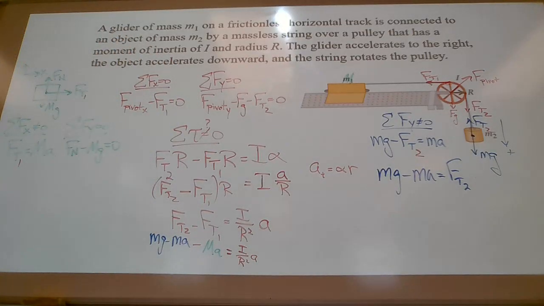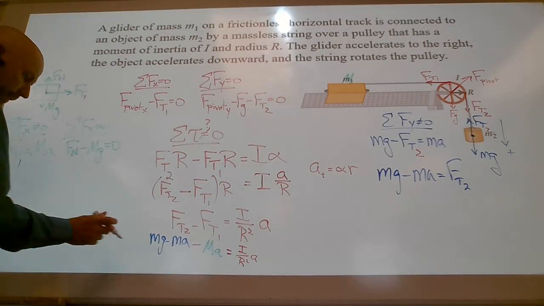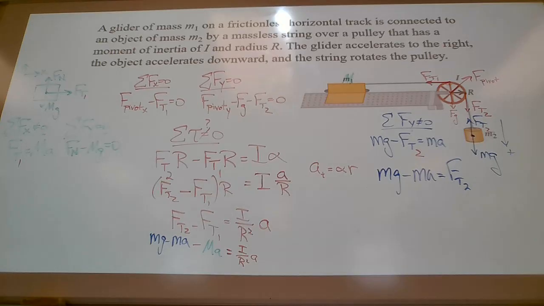All right, so bring everything with a to one side for solving for acceleration. The only thing left is mg. So you get mg over, then factor out an a. I'm making a couple of steps here.